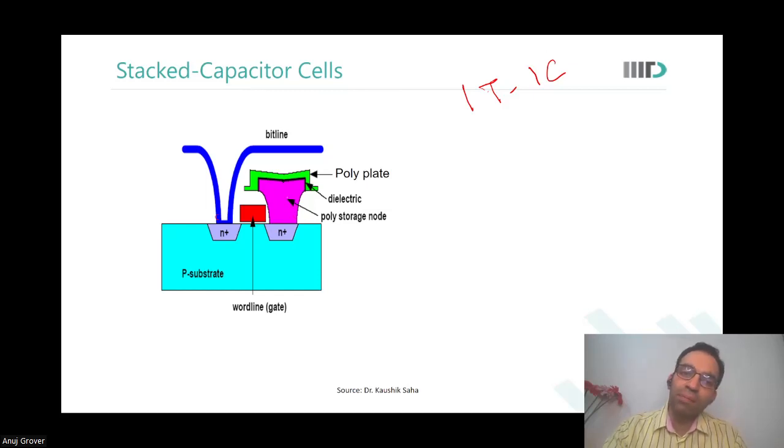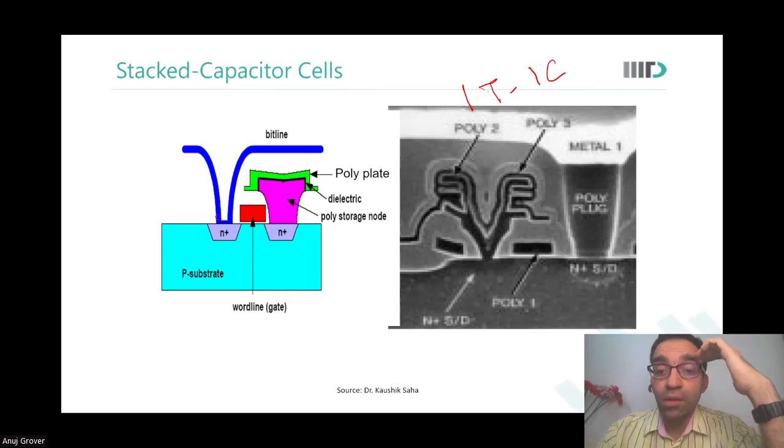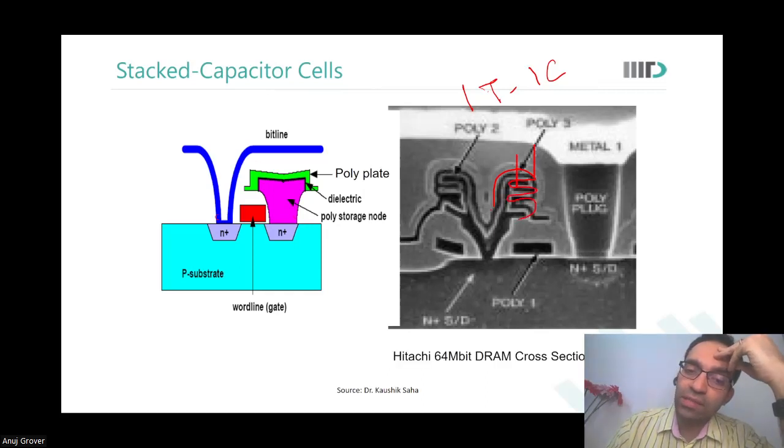That capacitor could be made by using poly, having a little dielectric in between, and then again putting some poly. So how will this look like? Something like this, where the polyfin structure has been used so that the overall capacitance is higher.